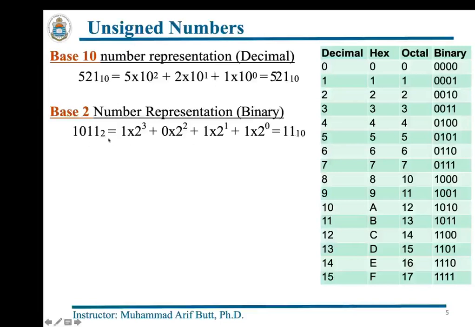This is also a positional number system. So this one has a weight of 8. This 0 has a weight of 4. This one has a weight of 2, and this last one has a weight of 1, 2 power 0. So this all sums up to a decimal 11.